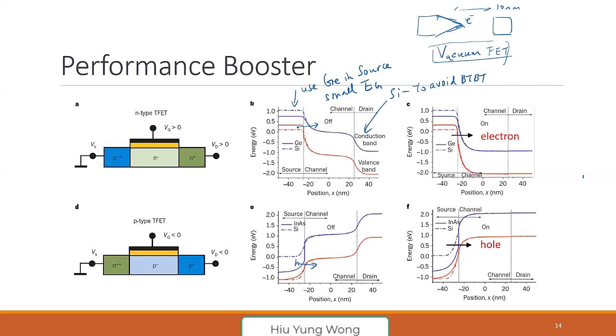This is also a type of tunneling. This is your conduction band, and this is the vacuum level, right? If you apply a high electric field, basically it makes the vacuum level like this. Then electrons can tunnel through and go into the vacuum. So this is called the vacuum FET. Good idea, right?